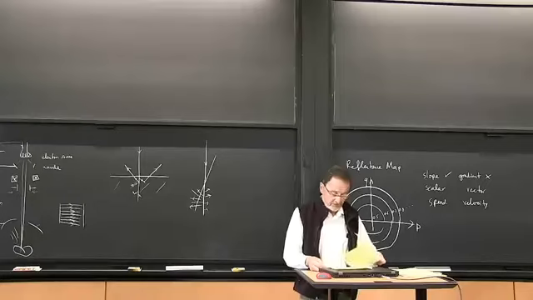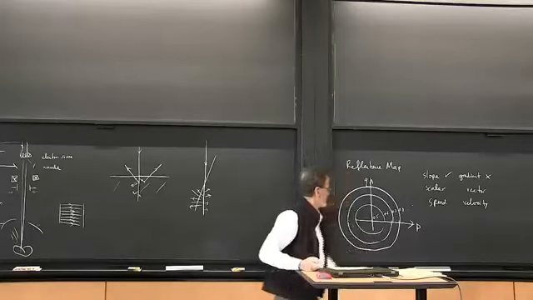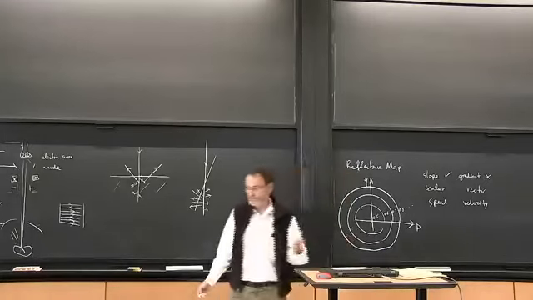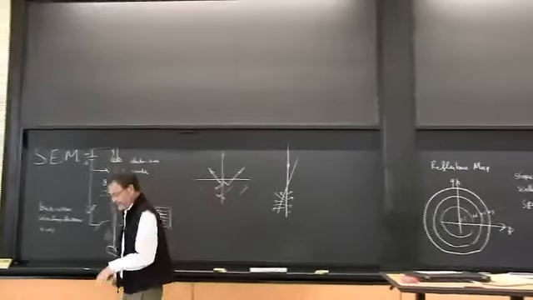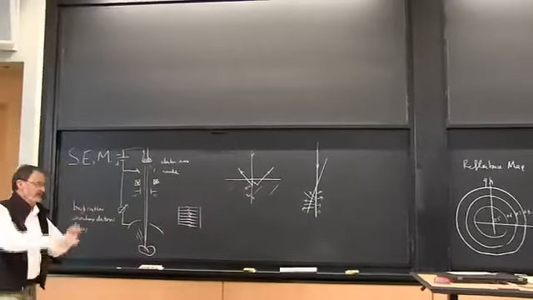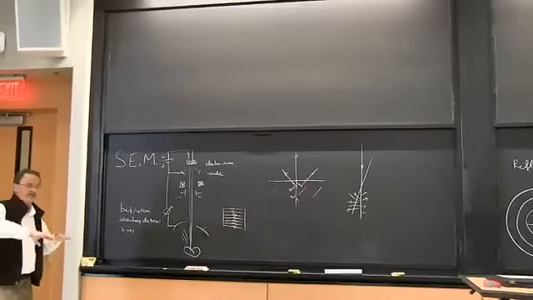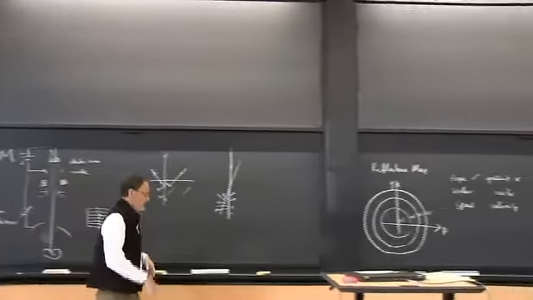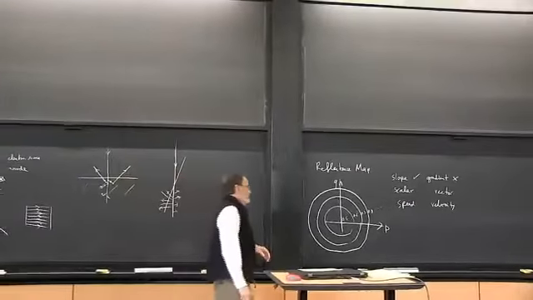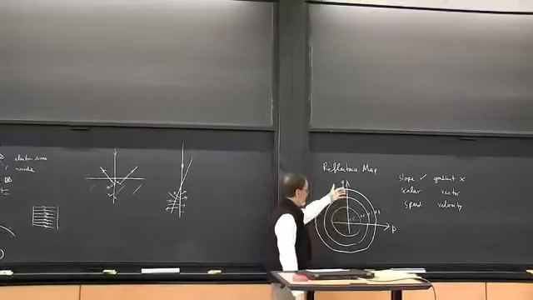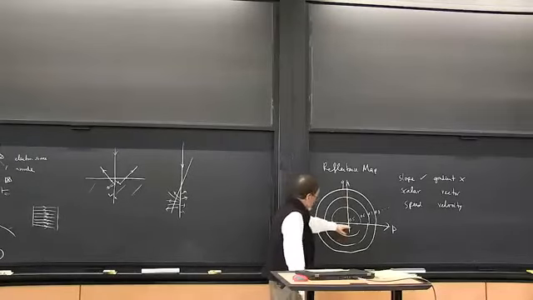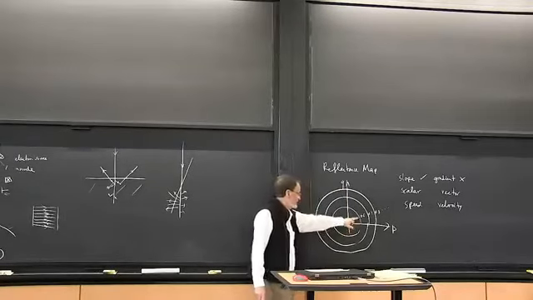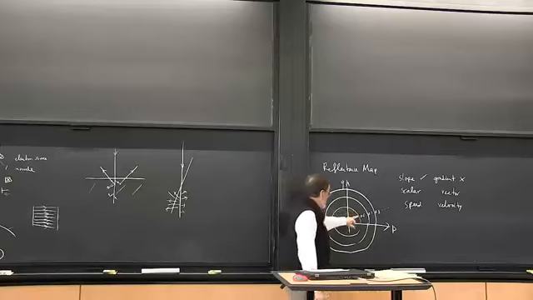Okay. So, what to do? Well, it's just another example of this shape from shading problem. We're going to have some distribution of some pattern of brightness, and our job is to estimate what the surface shape is. And we have a reflectance map to help us with that because it allows us to look up for any particular brightness we measure what the slope is.